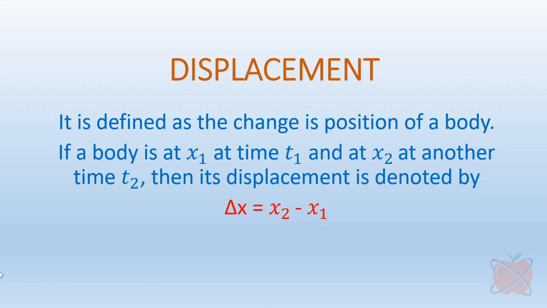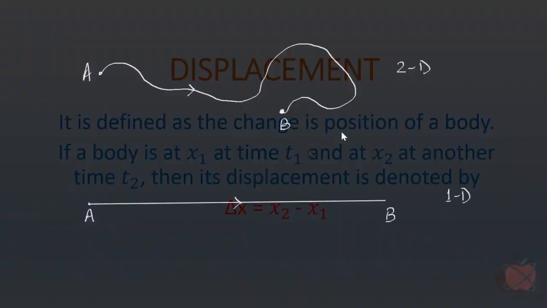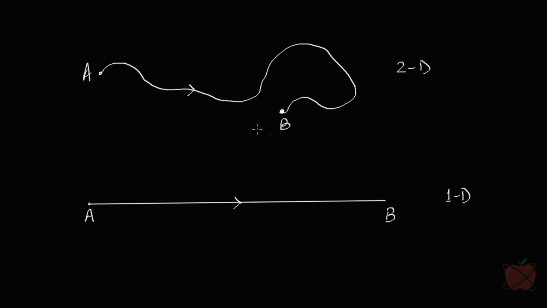Let me just explain to you. In this case, this is the initial position of the body. We call this point A the initial position of the body, and point B is the final position of the body, and this is when the body is going in a two-dimensional space.